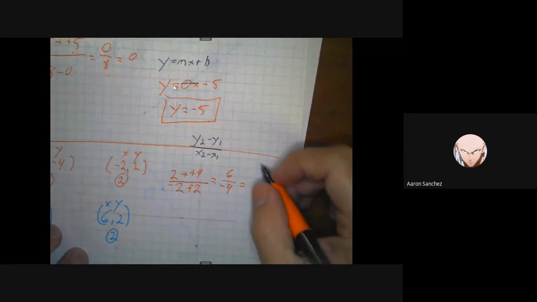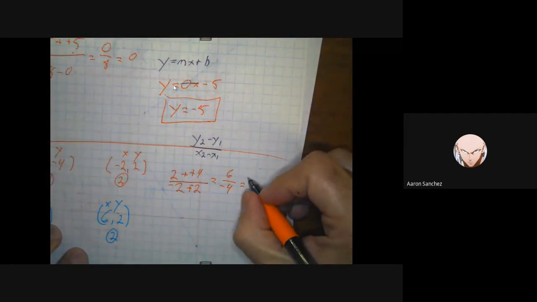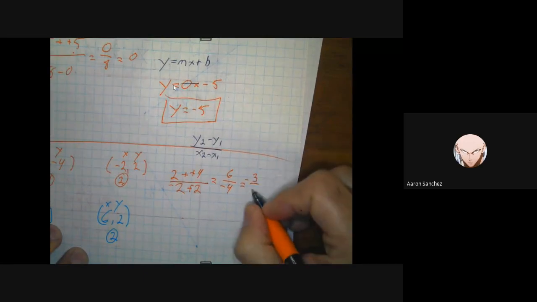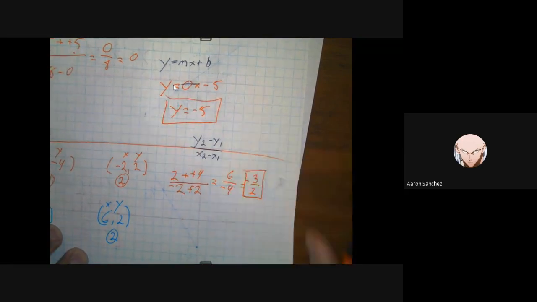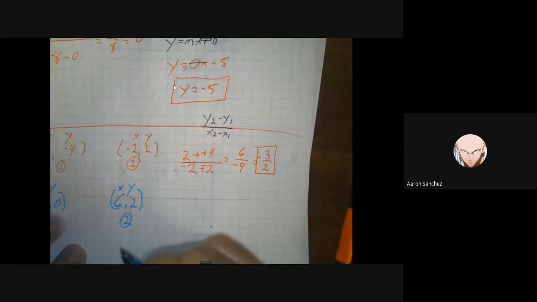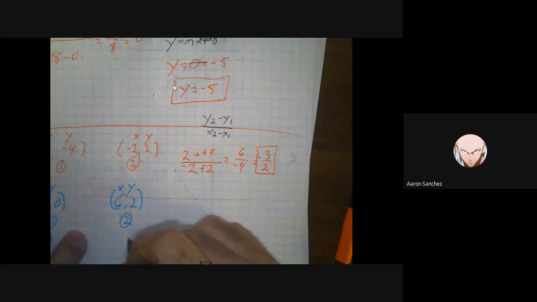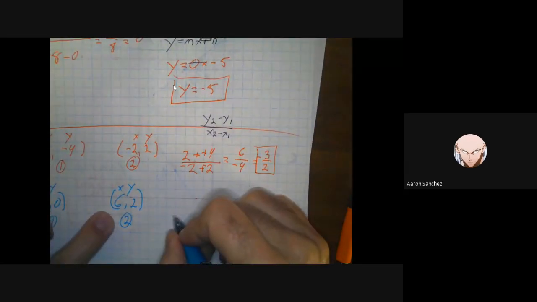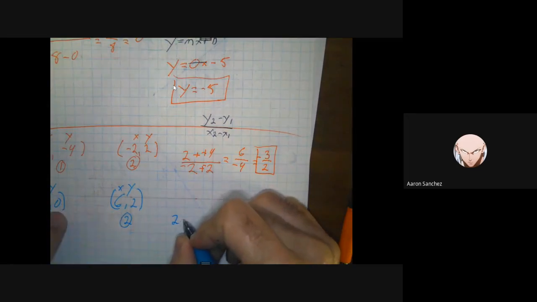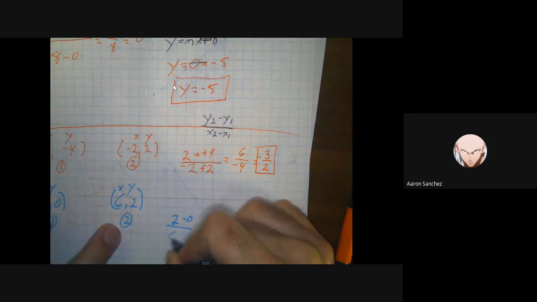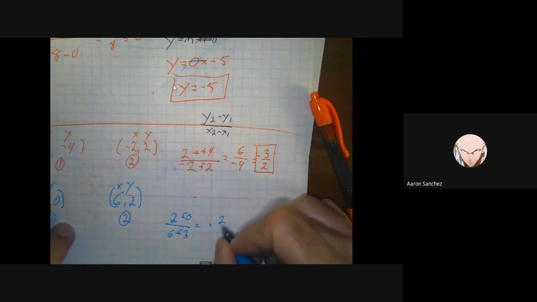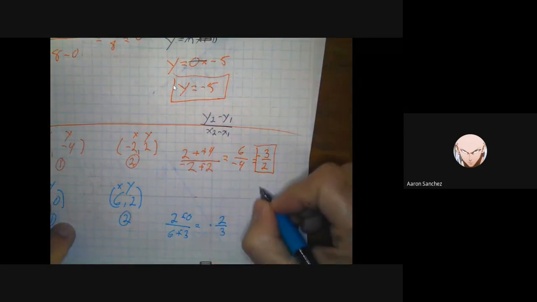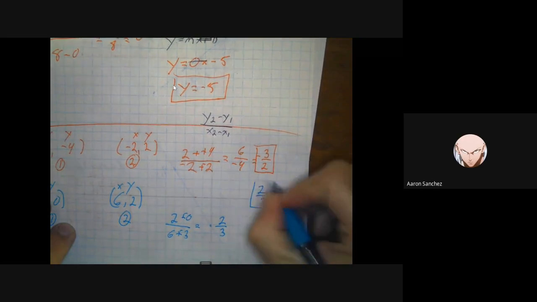So this becomes -3 over 2. Now, this one here, y2 minus y1 is 2 minus 0 over x2, 6 minus 3. So 2 minus 0 is 2, 6 minus 3 is 3, and so we have 2/3 is my slope.